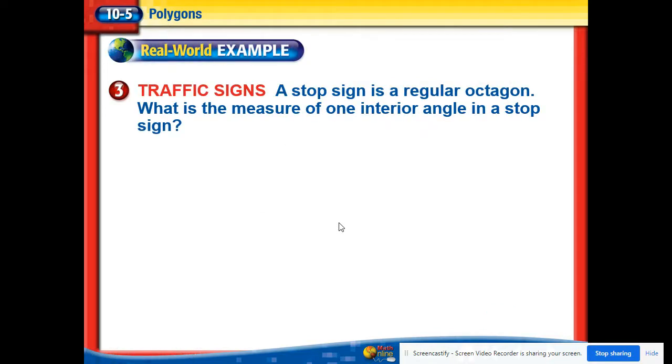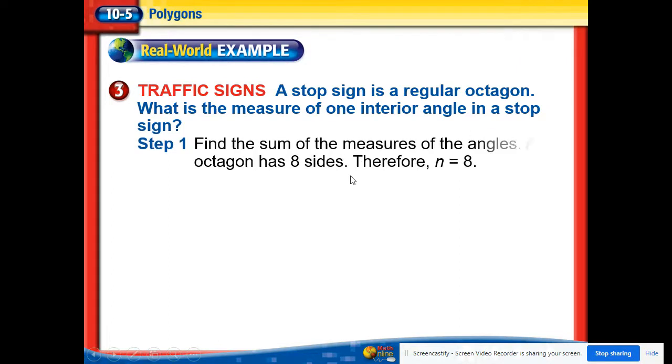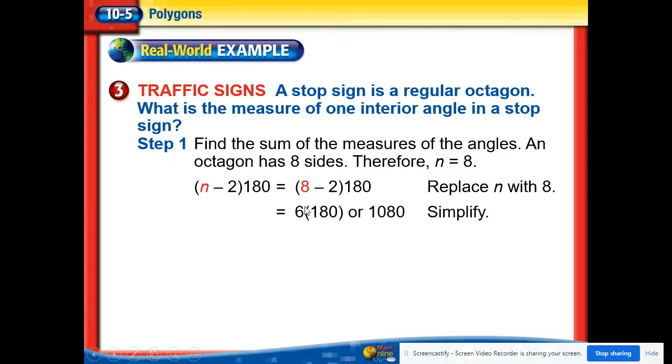Now, what happens if we want to find just one of the interior angles? In order to find one of the interior angles, we'll have to do an additional step. We're going to have to do some dividing. Let me walk you through it. First, it's an octagon. So we have to find the sum of all of them, just like what we just did. An octagon has 8 sides, so n is 8. Once we know that n is 8, we plug it into our formula, 8 minus 2, which is 6, times 180, or 1080.